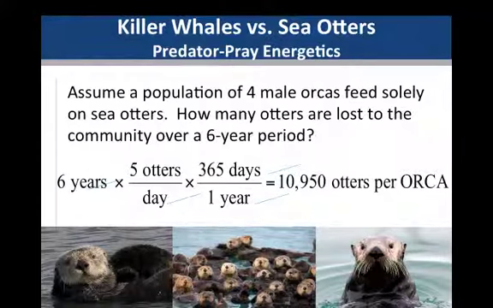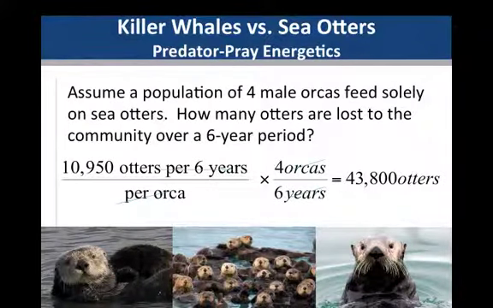But we're talking about four orcas, so we have to do another equation, and take that 10,000 and multiply it by 4 orcas over the same 6 years, and we come up with a loss in this community over a 6-year period of 43,800 otters.